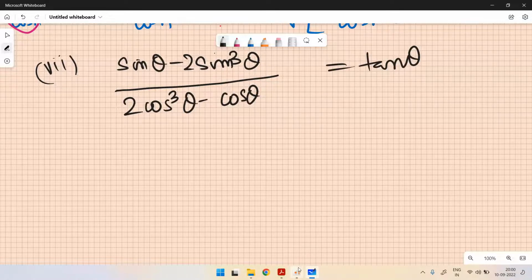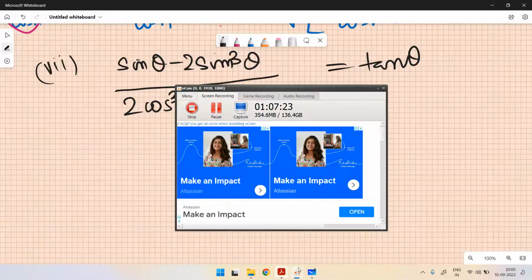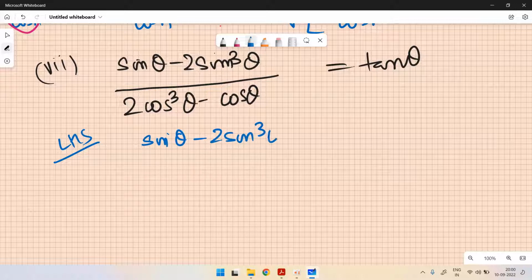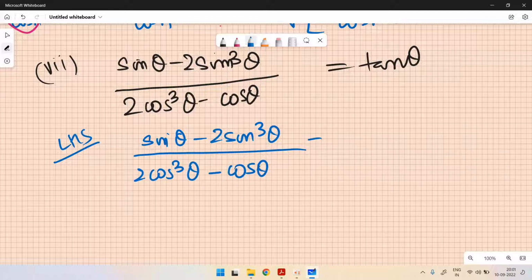You prove that this is equal to tan theta. So I'm writing the LHS here: sine theta minus 2 sine cube theta by 2 cos cube theta minus cos theta.